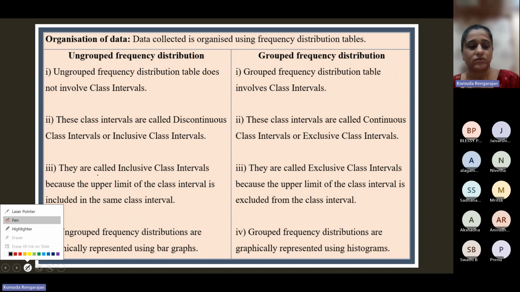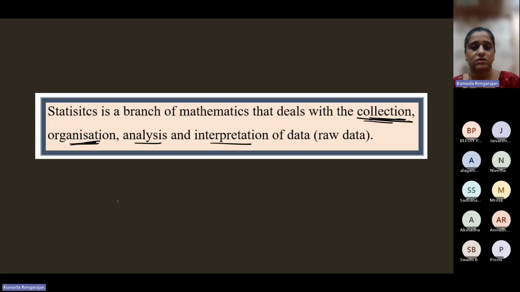All right. So that was the second thing: collecting data, primary or secondary, and organizing the data collected using a grouped or an ungrouped frequency distribution, depending on the nature of the data.